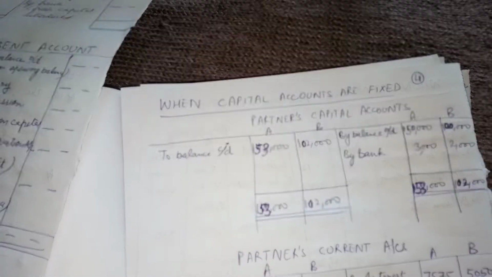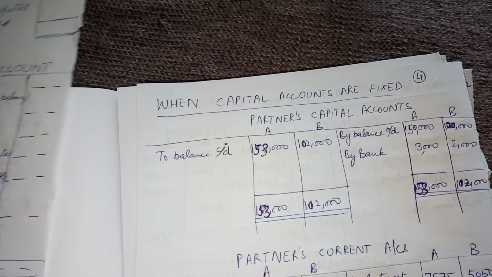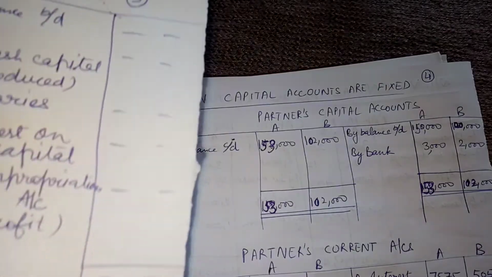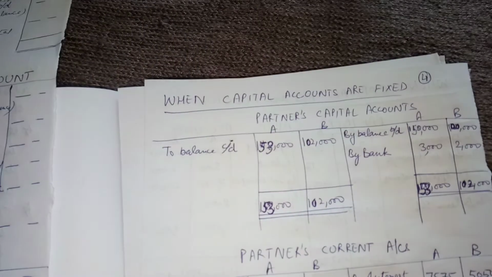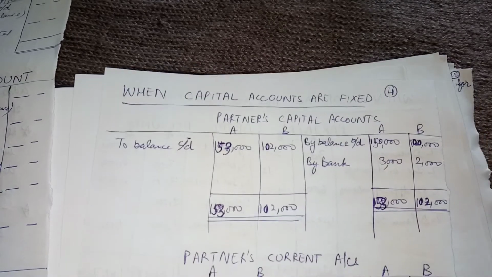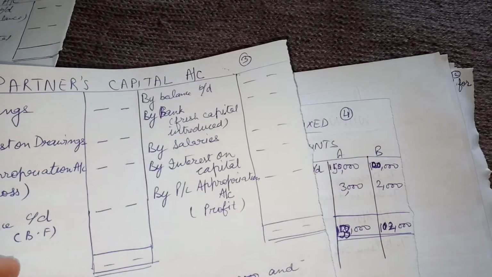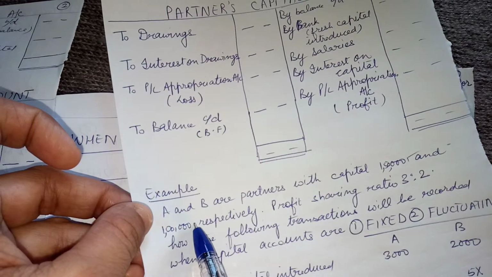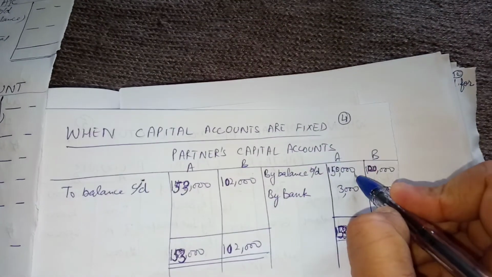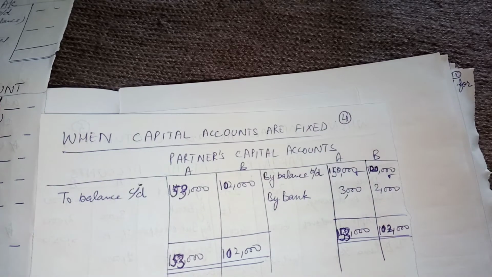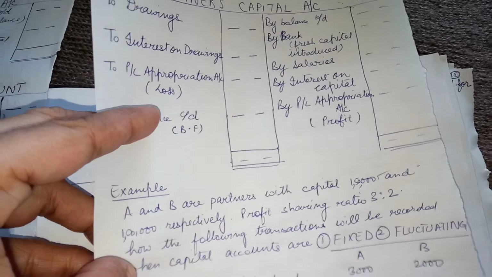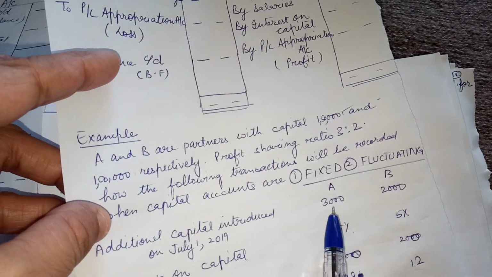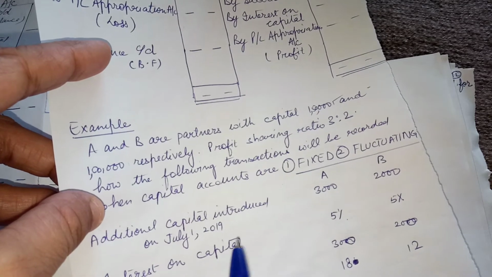The first case is when the capitals are fixed. In this case, we are going to record the opening balances as they were: 1,50,000 for A and 1 lakh for B respectively. Then additional capital was introduced, 3,000 and 2,000, in July.